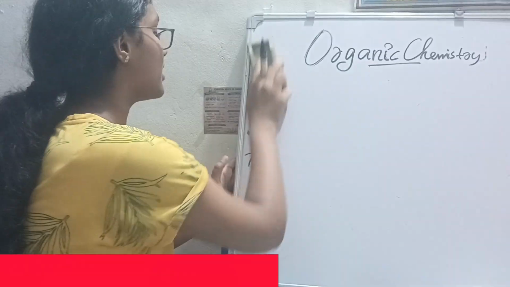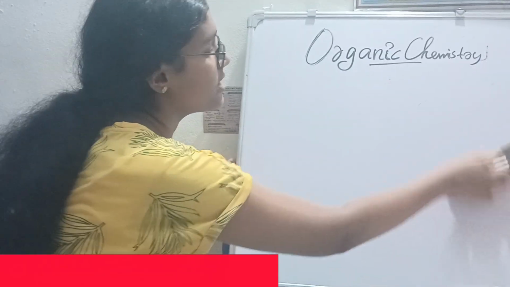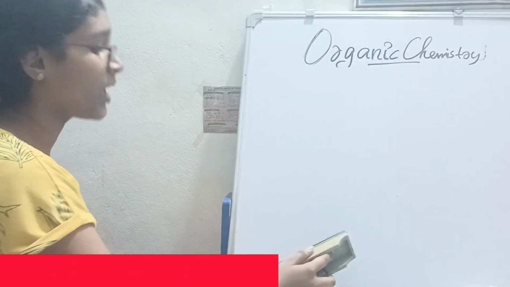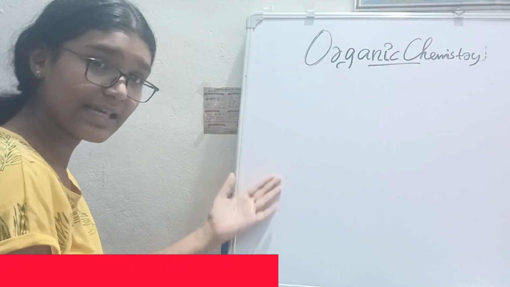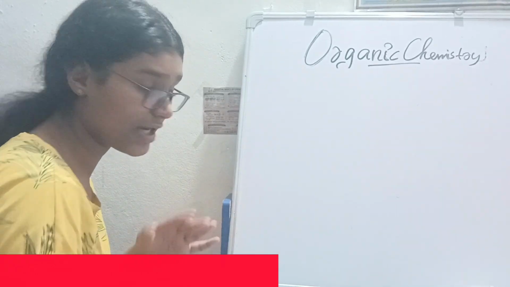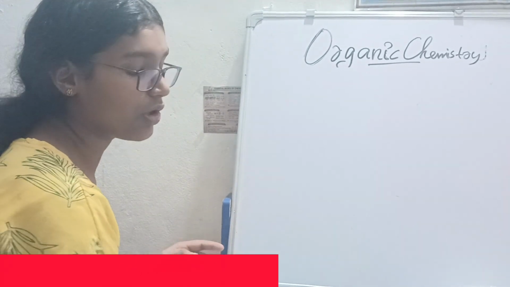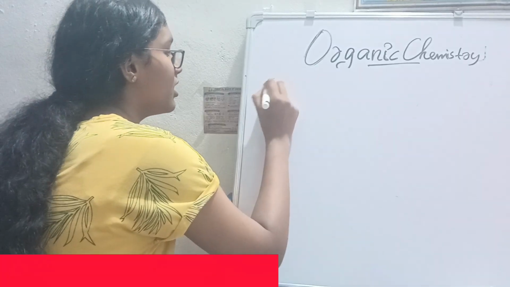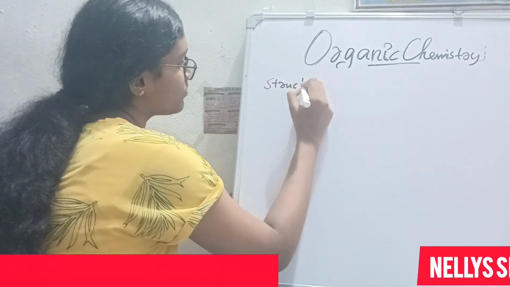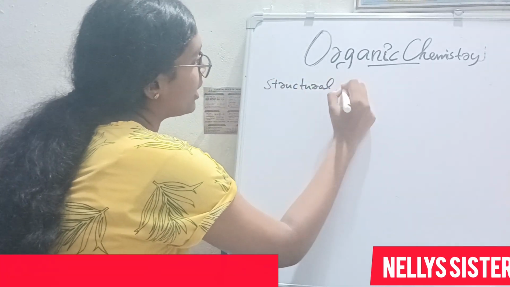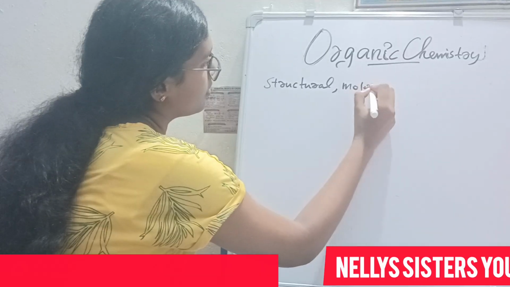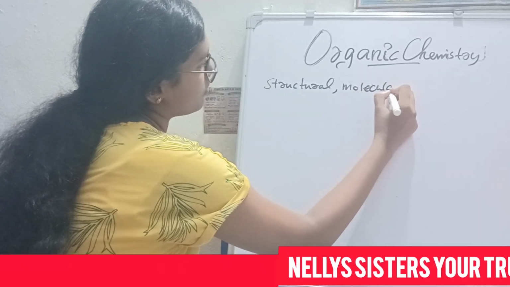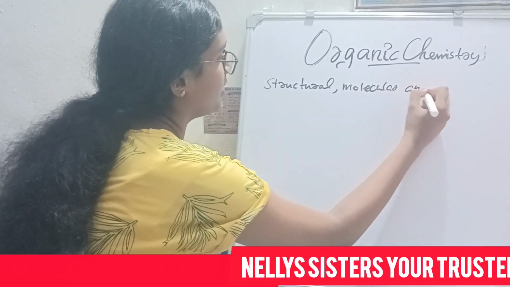So this is what we were able to study today in chemistry, organic chemistry, a branch of science that deals with hydrocarbons and so on. We studied alicyclic compounds, cyclic compounds, and more. Today we studied the structural, molecular, and condensed formulas.